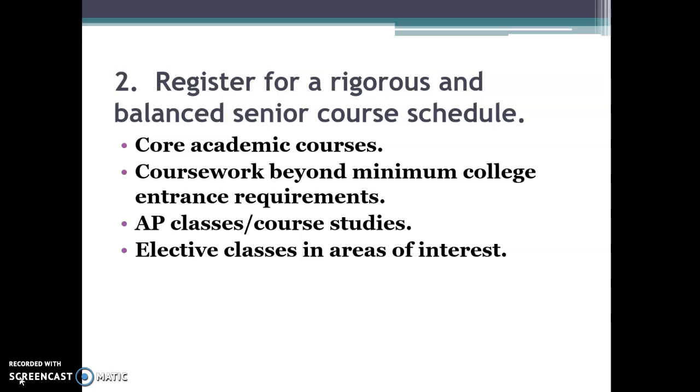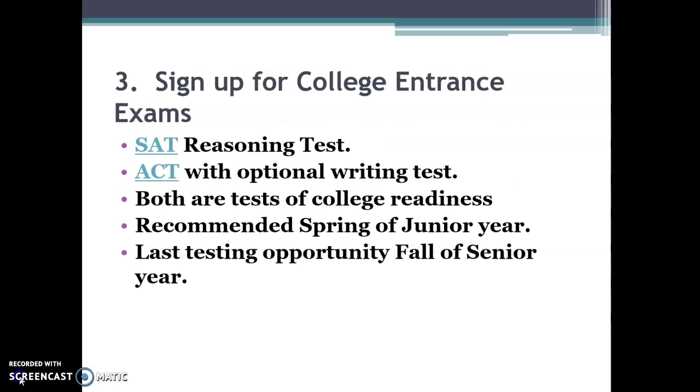They also look at courses of rigor, and that students focus on elective classes in areas of interest, especially if it's something that you want to pursue. For instance, if you're interested in business, we do offer a business pathway for students who want to major in business, to make sure they were exposed to those courses before they majored in business.